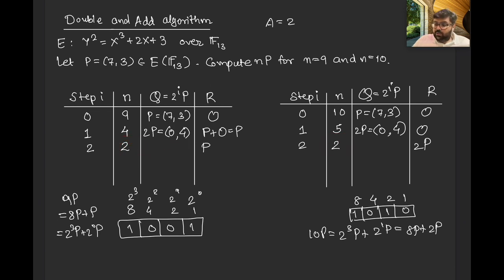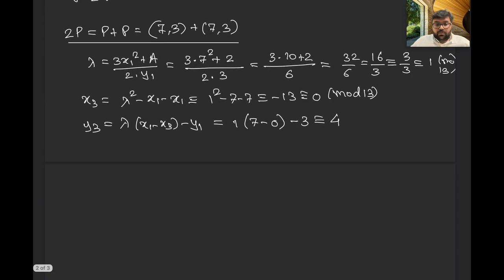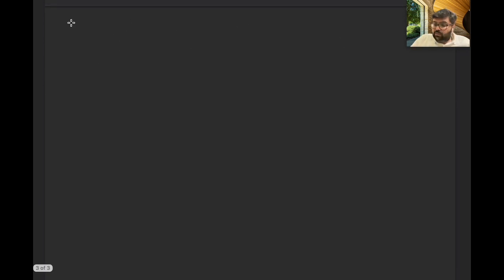Okay, so now the quotient is non-zero, quotient here is 2 both, so we do 2P plus 2P, so we compute 4P. Okay, so let us compute 4P. So inverses will help. So 4P, which is nothing but 2P plus 2P, which is (0, 4) plus (0, 4).